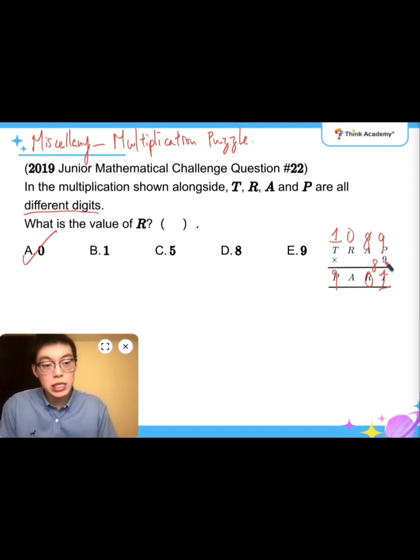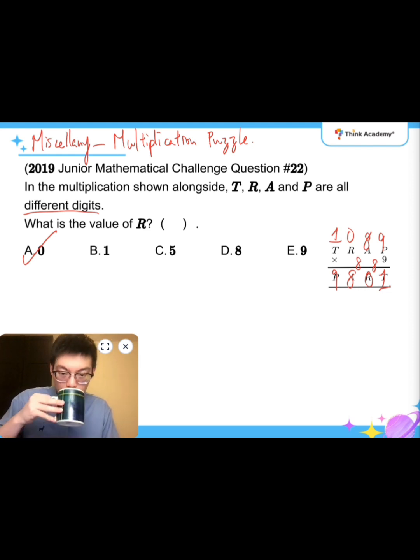So we know that a is 8. And 72 adding 8 is 80 with a carryover of 8. 9 times 0 is 0. Adding 8, that's 8. So 1089 times 9 is 9801. That's how we can find the answer to this question.